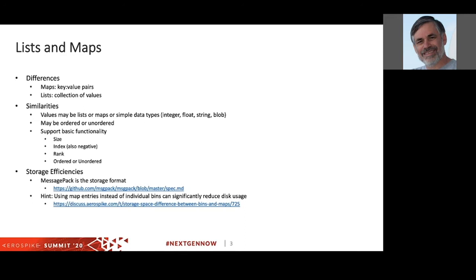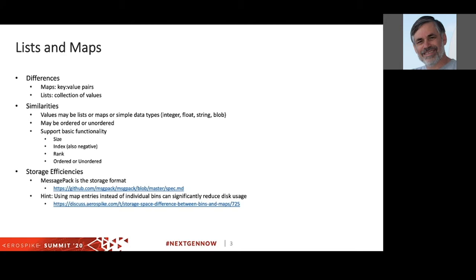A very important item here are the storage efficiencies for lists and maps. MessagePack, which is an industry standard storage format, is used to store lists and maps within the Aerospike records. It can provide a huge savings in terms of storage space, and storage space on SSD is still not free.